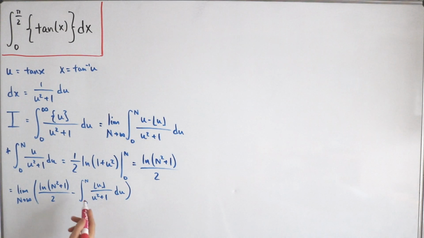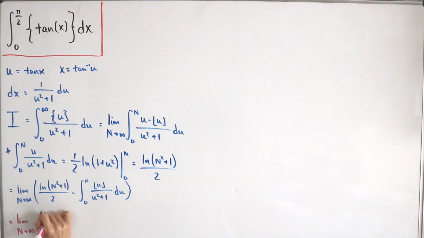What I'll do in this situation for how we write our sum is dial it back down a bit, so subtract one index down. This won't change anything because we're still taking things in terms of a limit. To rewrite this, this is the limit as capital N approaches infinity of ln of capital N squared plus 1, divided by 2.